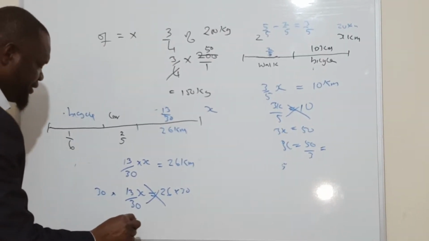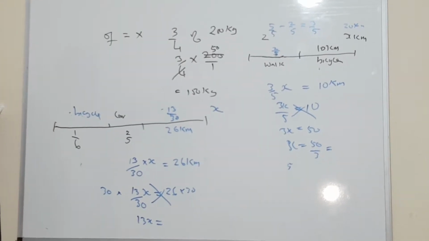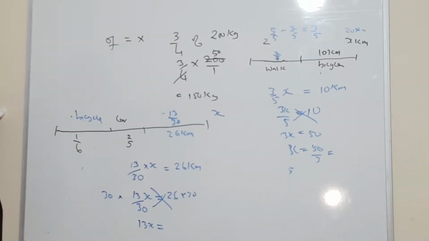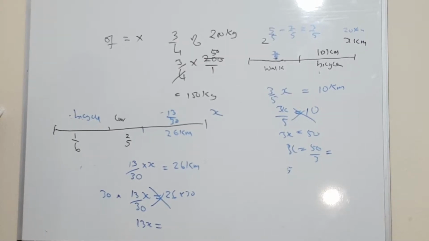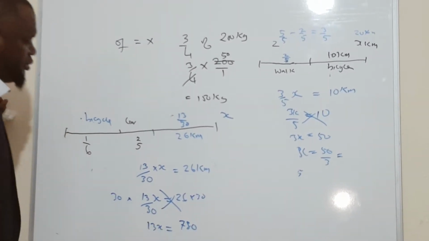So 13x is equal to 30 times 26, which is 780.